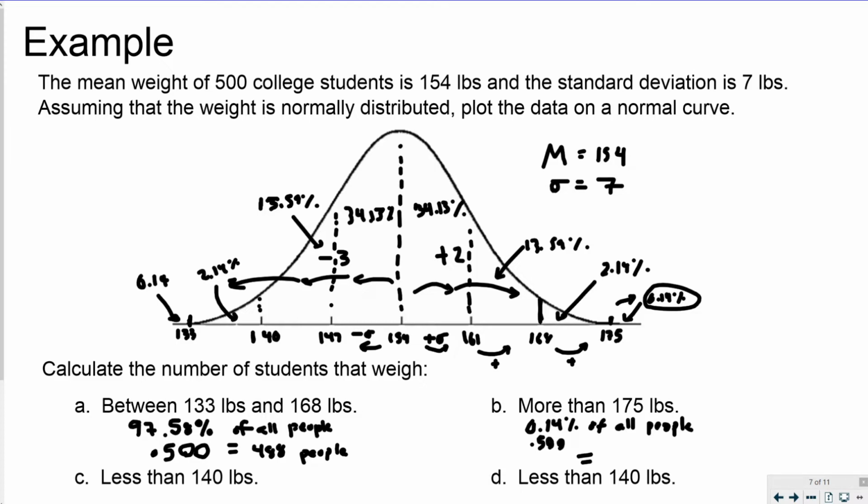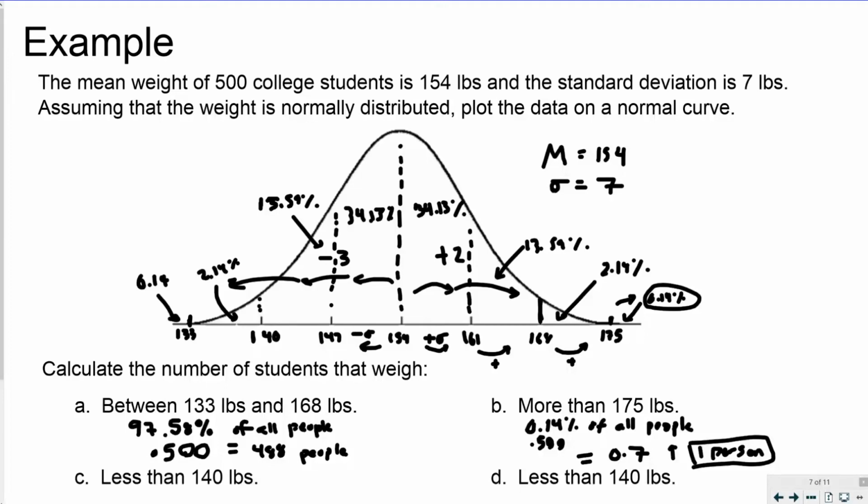And that equals around 0.7, which we would round up to one person. So there is one person in this entire 500 person data set that weighs above 175 pounds.